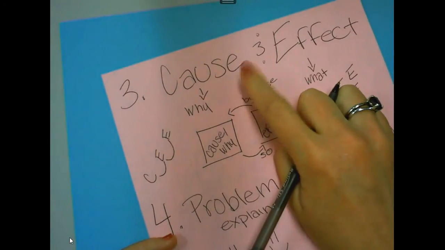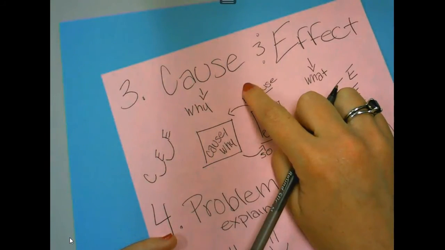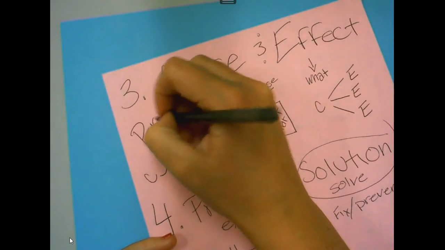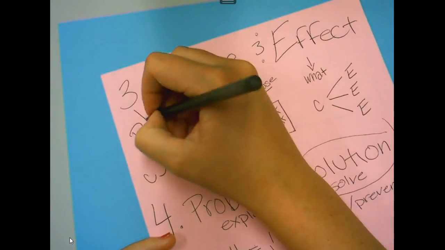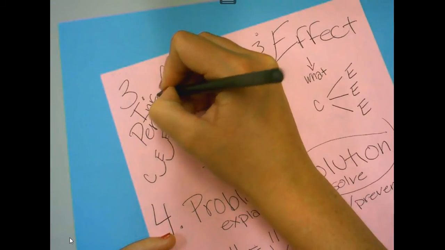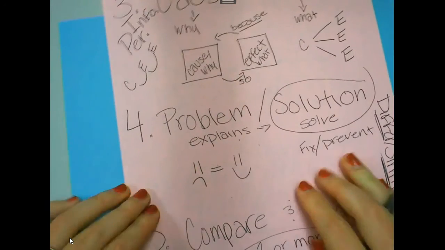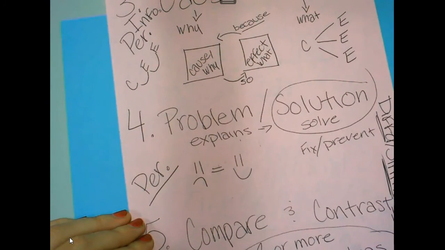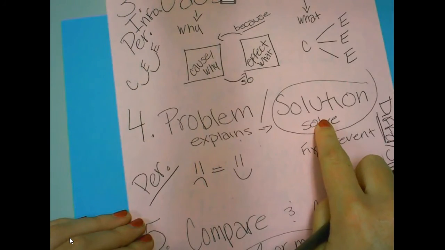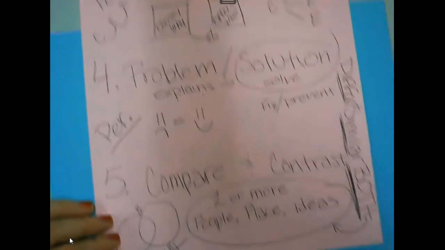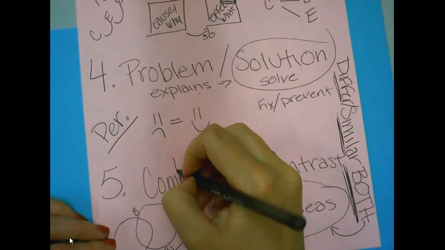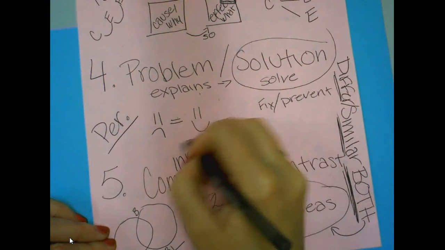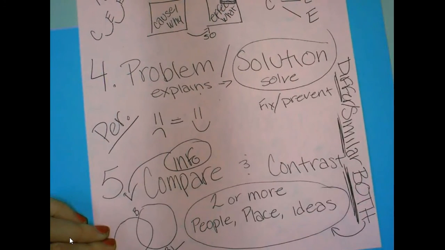They might be trying to persuade you, so you might have to read carefully, but a lot of times they might also just be giving you info. Problem solution is almost always persuasion. They want you to buy into their solution. Compare and contrast is mainly information, but be on the lookout for opinion words.